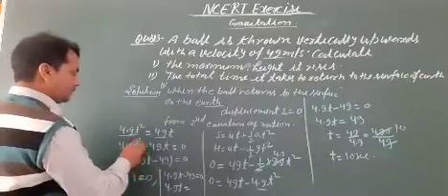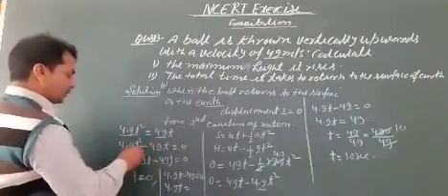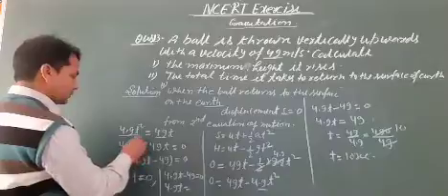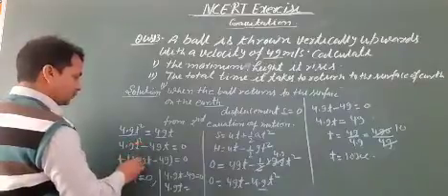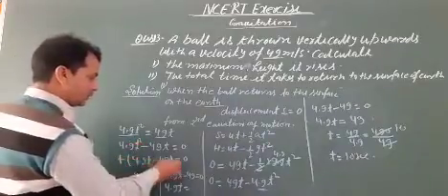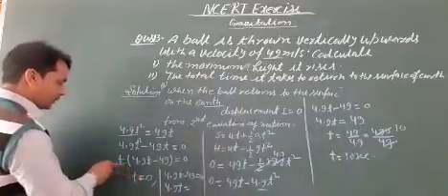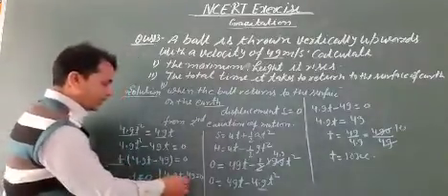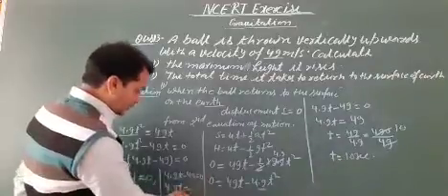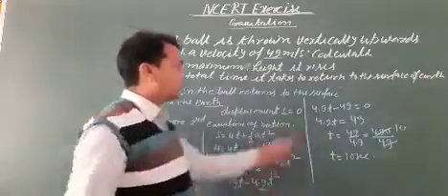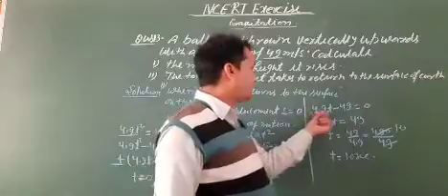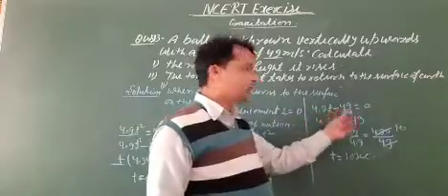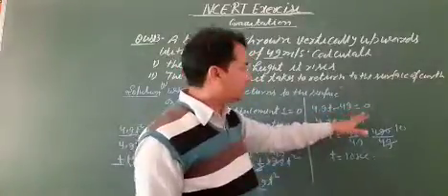Then t is common in both terms, then 4.9t minus 49 equal to 0. There are two terms, t equal to 0 and 4.9t minus 49 equal to 0.